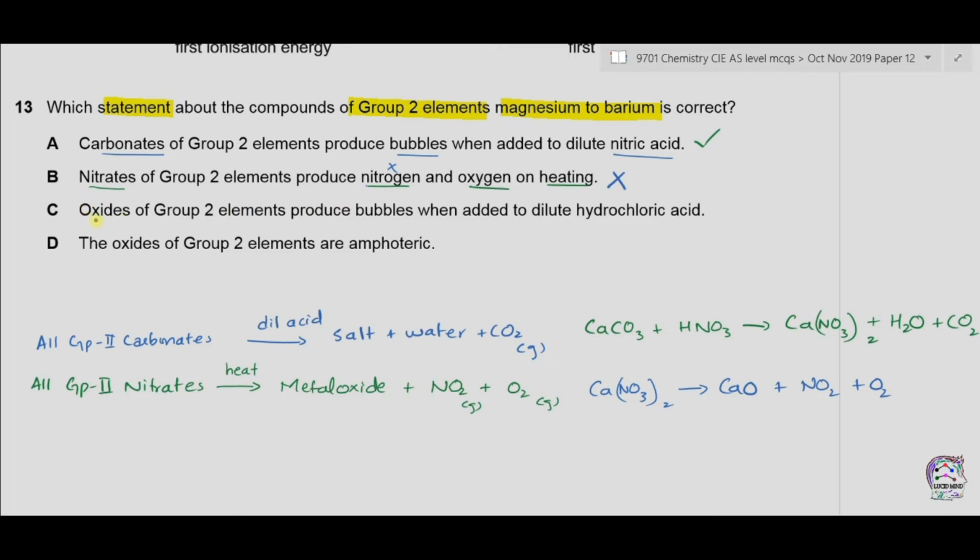Option C, oxides of group 2 elements produce bubbles when added to dilute hydrochloric acid. Group 2 oxides are metal oxides, so they are basic in nature and will react with HCl to form salt and water.